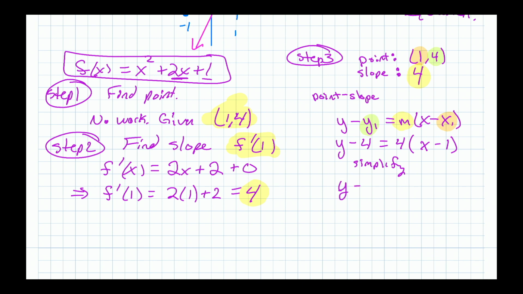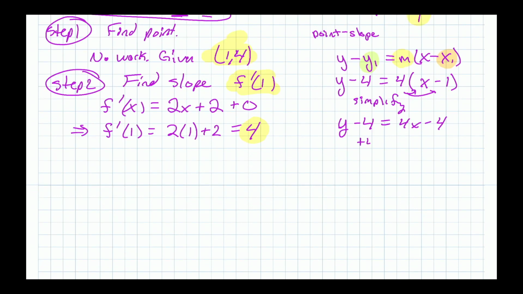Multiply this out here, the 4 times the x and the 1. So you're going to get 4x minus 4. Then you add 4, and in this case, you just get y equals 4x. And that is your tangent line.